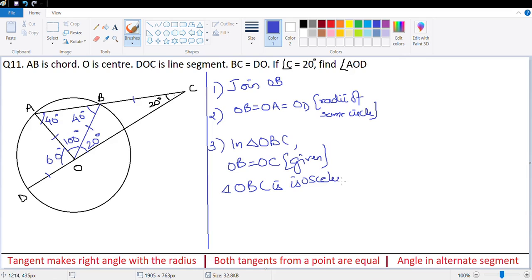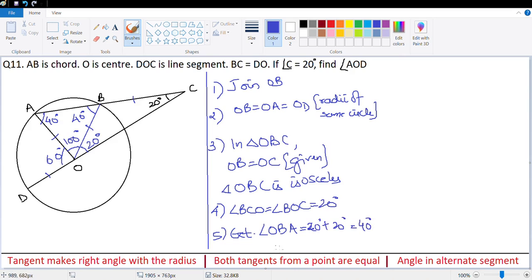What this means is angle BCO is equal to angle BOC is equal to 20 degree. Next, exterior angle OBA is equal to 20 degree plus 20 degree is equal to 40 degree. Reason for this is for triangle OBC.